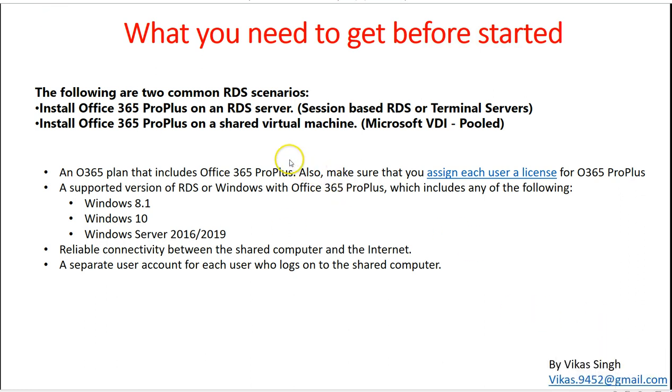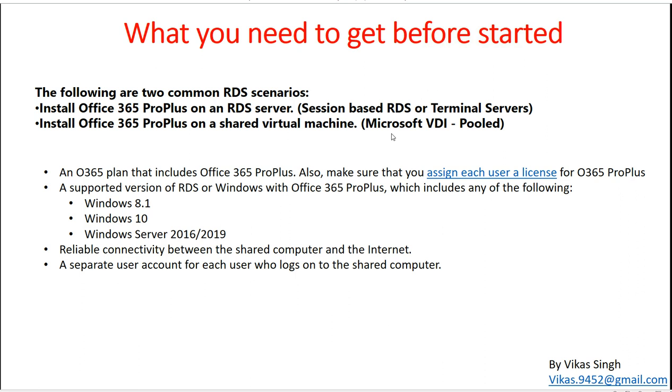In Microsoft RDS there are two scenarios where you can deploy Office 365 on Remote Desktop Services. The first one is to install Office 365 Pro Plus on an RDS server, which is a session-based or terminal server, or to install Office 365 Pro Plus on a shared virtual machine, which is Microsoft VDI, virtual desktop infrastructure, as a pooled one.